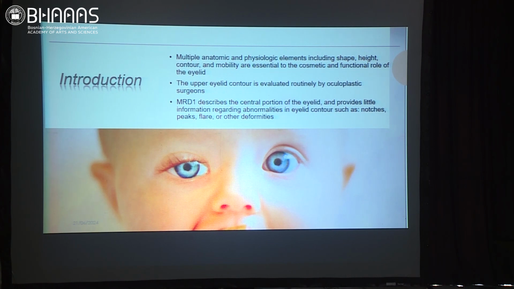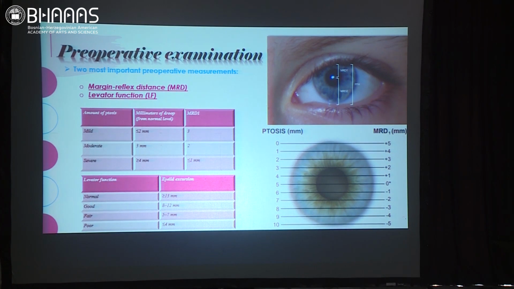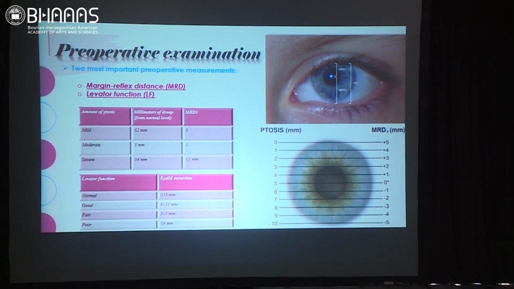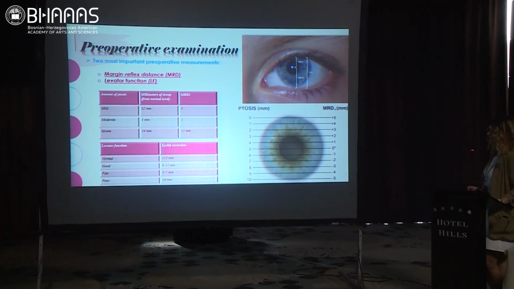If we do not take all these into account when planning our surgery, we might end up with a good lid height, but with notches, peaks, flare, and other deformities, which are part of an aesthetically bad eyelid contour. When planning ptosis surgery, the most important measurements that we always take are MRD1, MRD2, and the levator function.